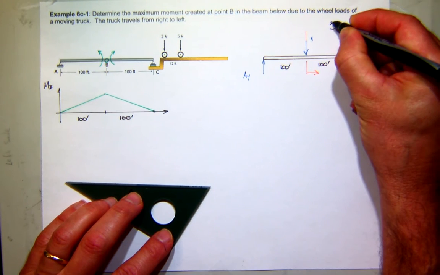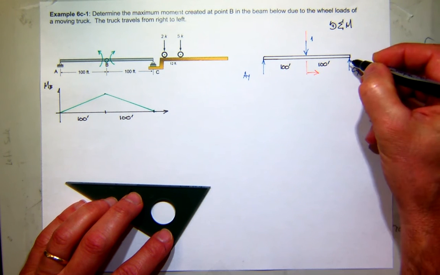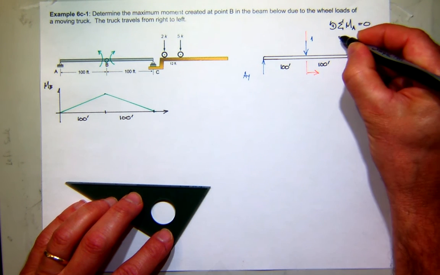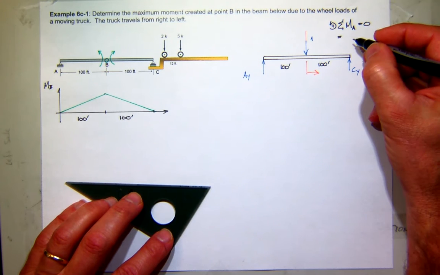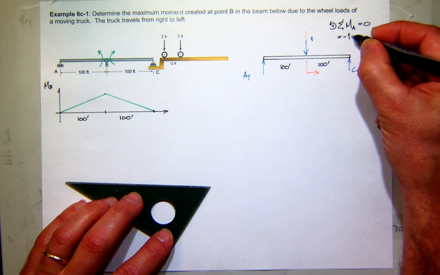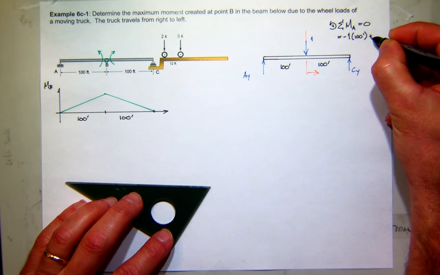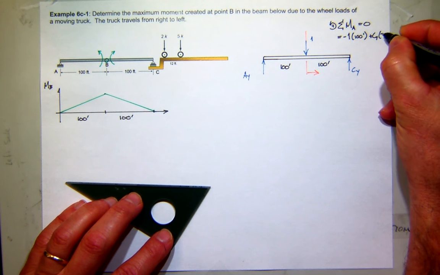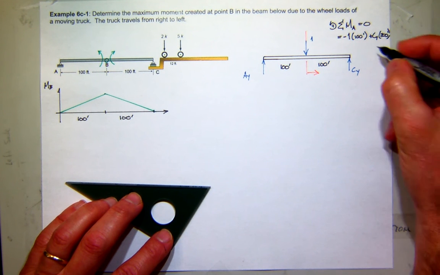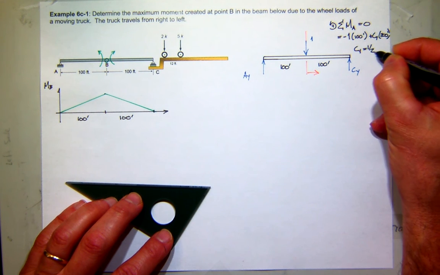If I sum moments about A and make sure I'm in equilibrium, the one force creates a negative moment with a moment arm of 100, and CY creates a positive moment with a moment arm of 200. So CY is equal to a half.